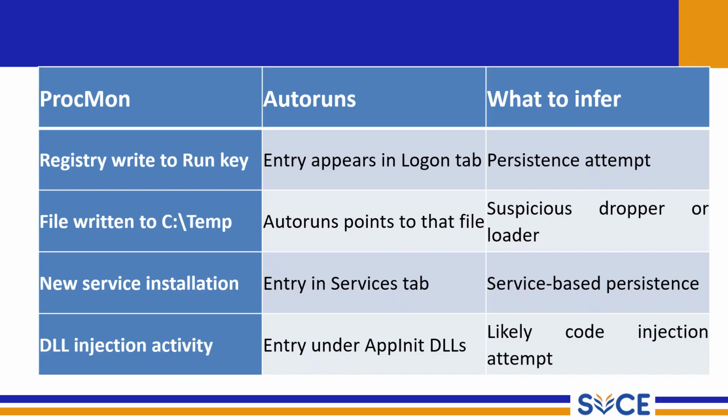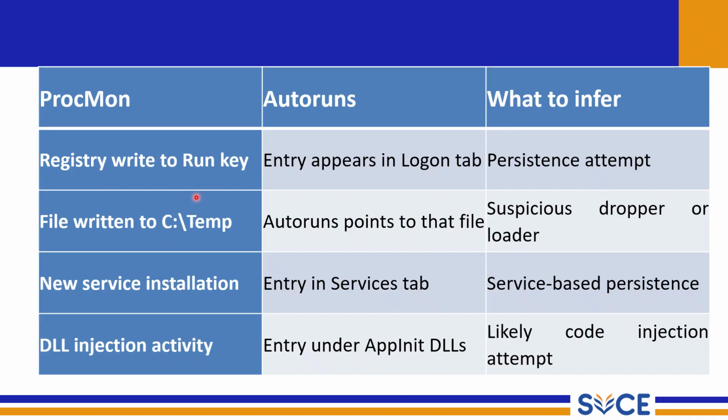These tools provide powerful insights into system behavior when used together, offering both a static perspective, that is Autoruns, and a dynamic perspective, that is ProcMon, on system activity. So, for example, in ProcMon you see a registry write to a Run key.